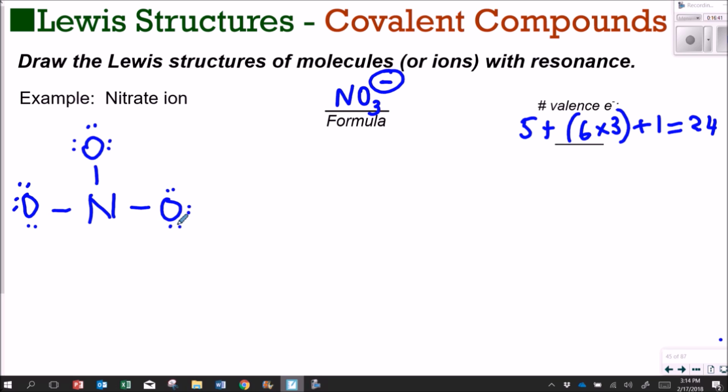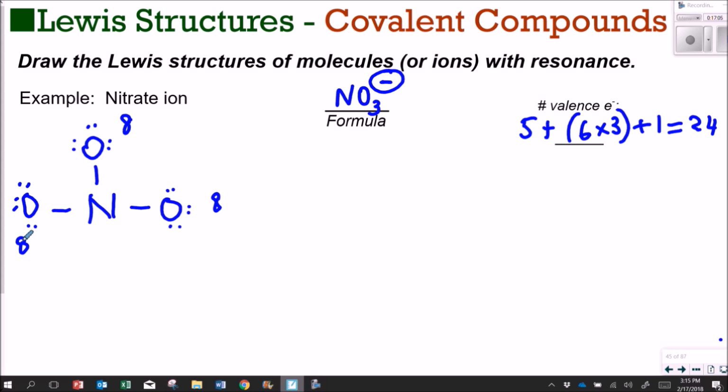And we check if that makes up 24. We have 8 plus 8 plus 8, so we have 24 electrons accounted for. But if we check octets, this oxygen is happy with 8. This one has 8, and this one has 8. So they are all satisfying the octet rule.